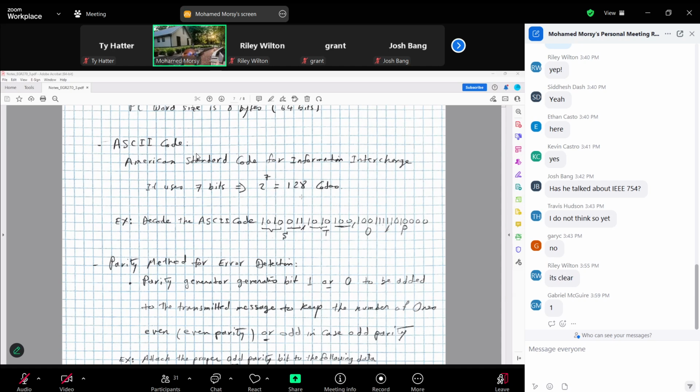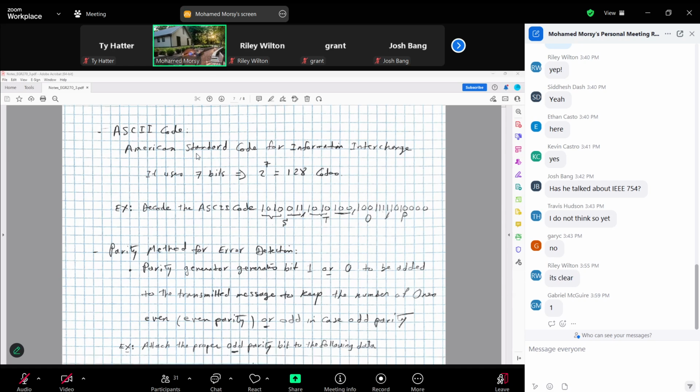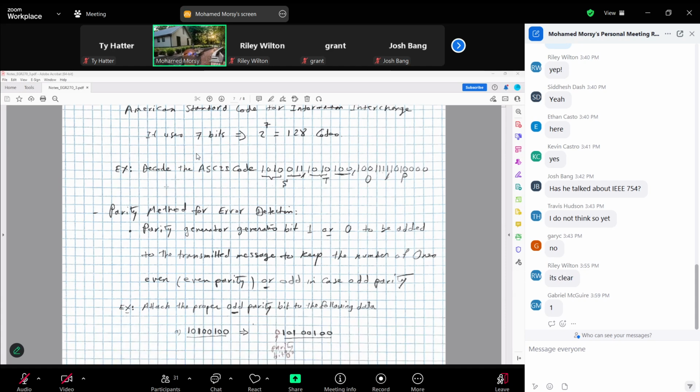So it's mainly 7 bits, but it can also be 8 bits. So simply, if you have the ASCII code for 7 bits, to make it 8 bits, just add 0 at the left, at the most significant bit. The one on the left side, just add 0. So if we need to decode the ASCII code, this is the ASCII code given here.